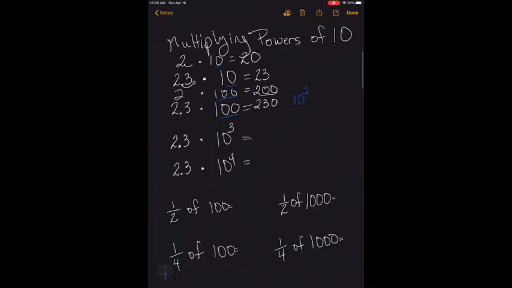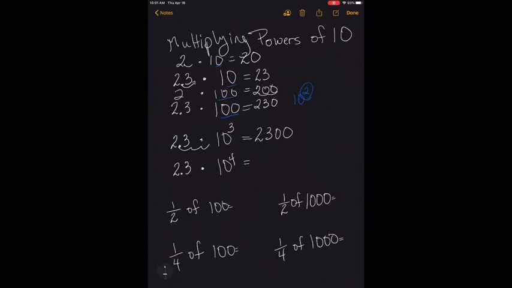Okay, the other thing to make note of is that 100 is the same thing as 10 squared, right? So that exponent on your 10 tells you how many zeros are going to be in the number you're multiplying by. So now that we have 2.3 times 10 to the third, we know we've got to move that decimal point 3 places. 1, 2, 3.